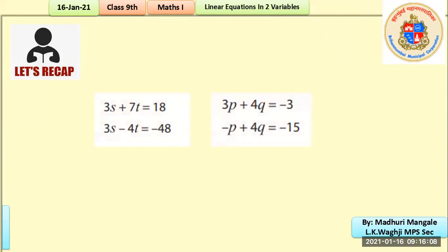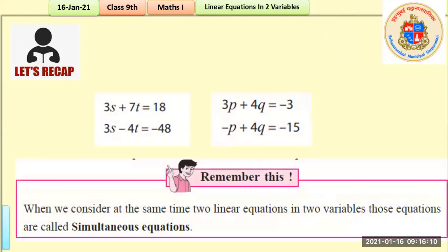And now we look at a new concept, that is what are simultaneous equations. In class 9, we are studying simultaneous equations. When we consider two linear equations in two variables at the same time, it is called simultaneous equations.